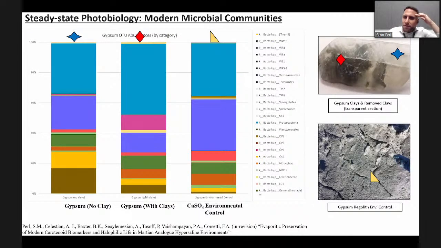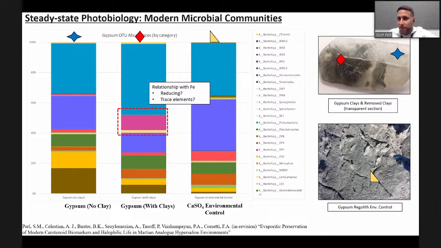But what I'm showing here is that you have a relationship between the mineral lithology and who is preserved inside those components. Just in terms of the calcium sulfate example, there is a ton of iron inside the clays that are found inside calcium sulfate. We have microbial communities, specifically these one or two halophile communities, that are only found inside portions of the mineral that do have iron.